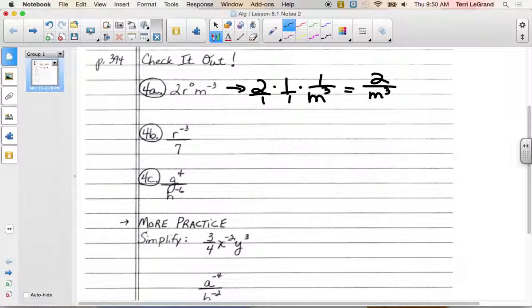Is there anything that can be divided out upstairs that could also be divided out downstairs? No. Do we have any negative exponents? No. Do we have any 0 exponents? No. So we could say this one is done. Compare that in your notes if you get the same answer. Any questions about that one?